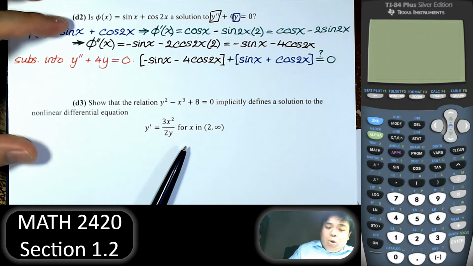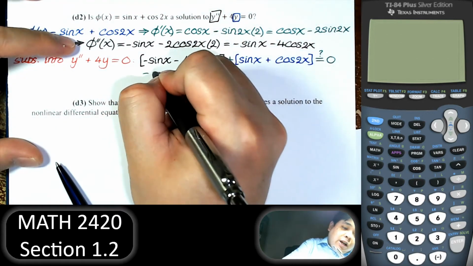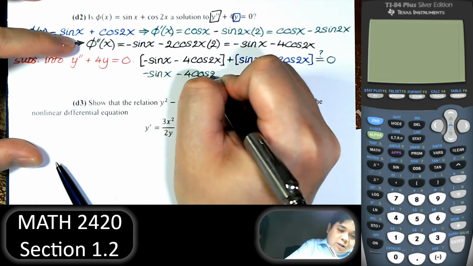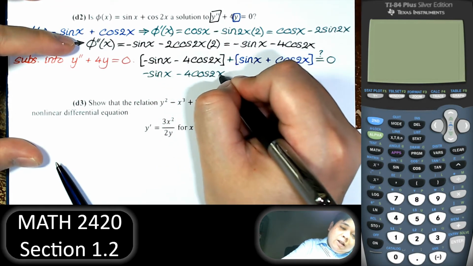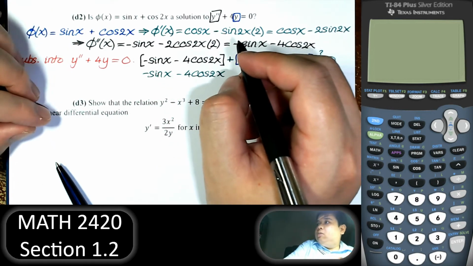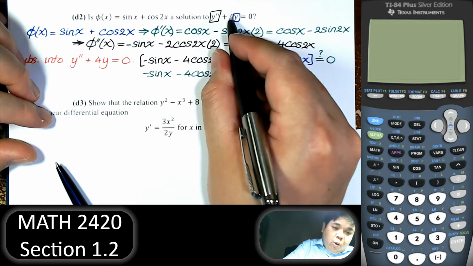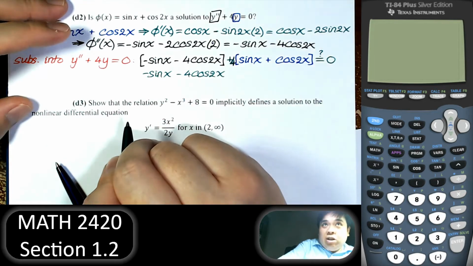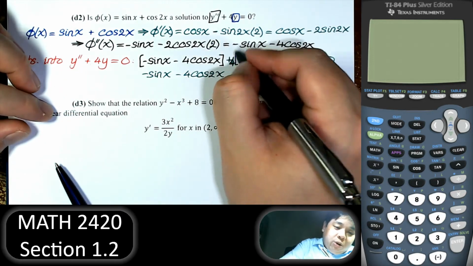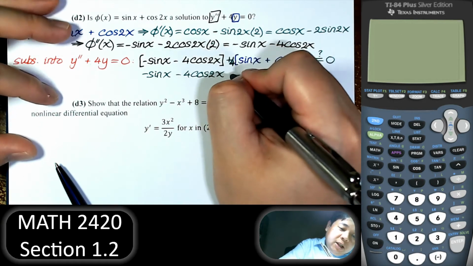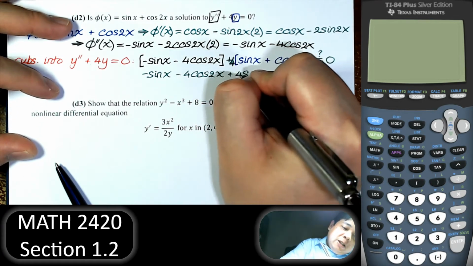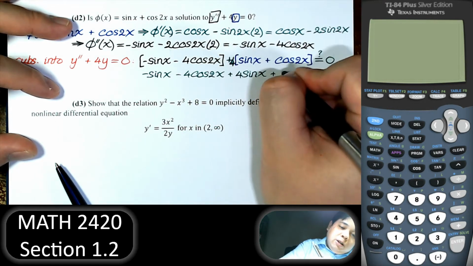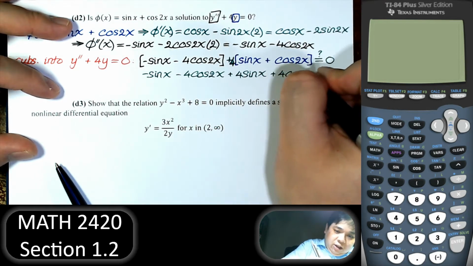Right. Remove the parentheses and simplify: negative sine x, negative 4 cosine 2x, plus sine x. Of course, there's a 4, right? Make sure you substitute in the equation correctly. There's a 4. So 4 times sine x and 4 times cosine 2x.